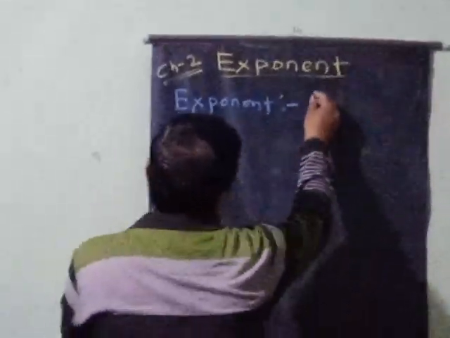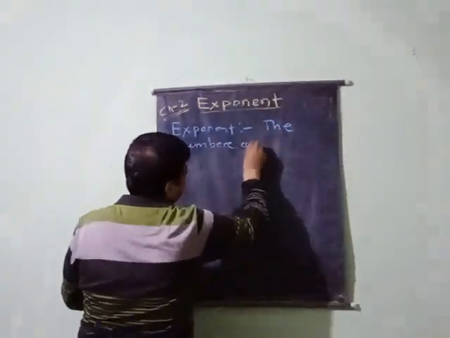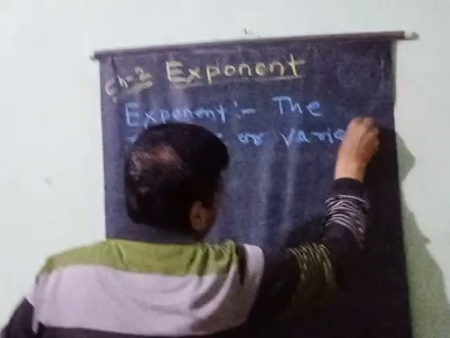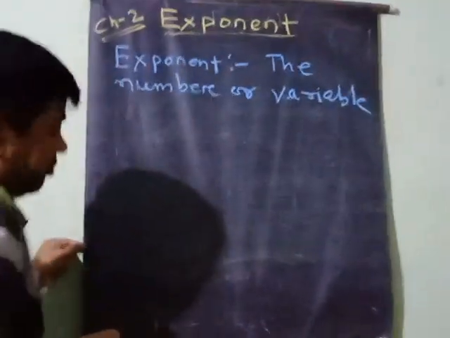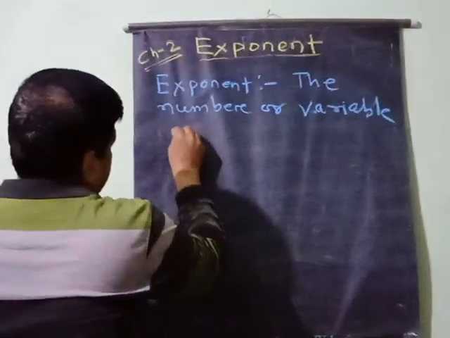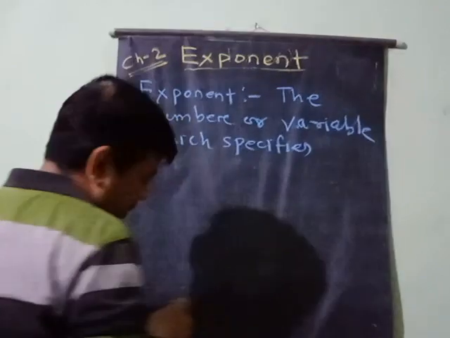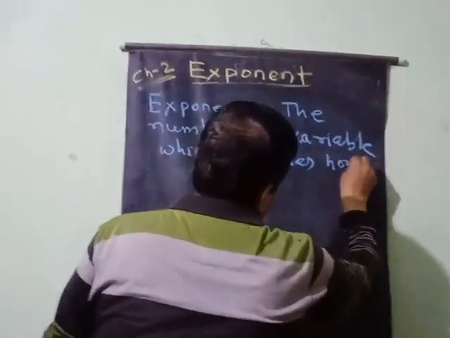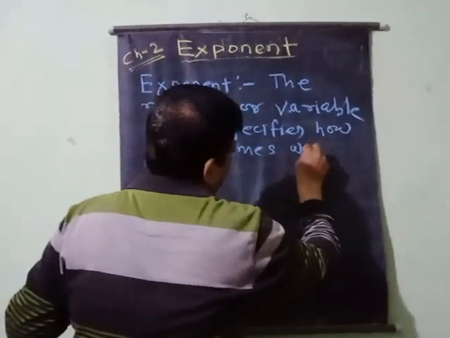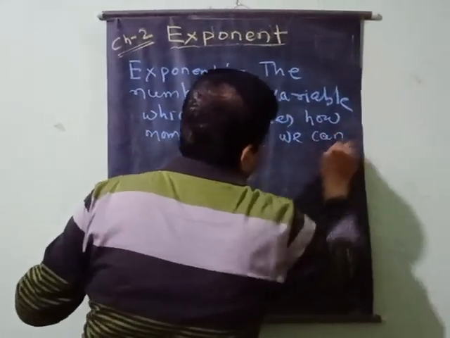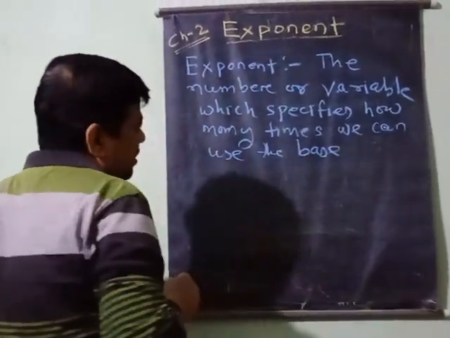The exponent is the number or the variable which specifies how many times we can use the base of the other number in the multiplication.